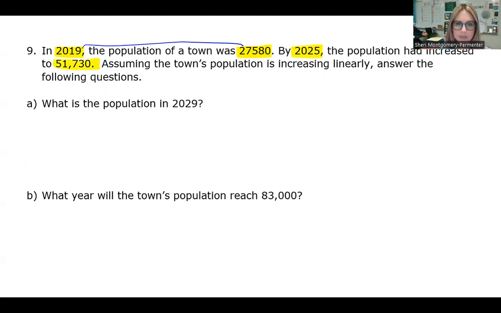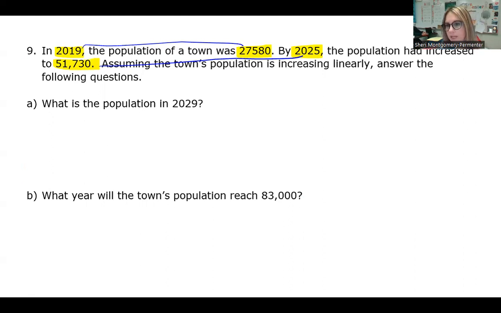I'm going to connect these because I don't want to mix them up. Assuming the town's population is increasing linearly, any of the questions I ask you about population, it's going to solve the same. So they're always going to be linear growth, even though that's not realistic, but whatever. We're going to figure out the population in 2029.